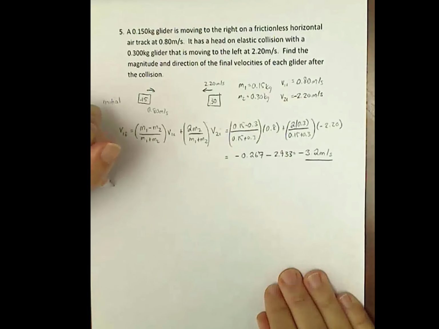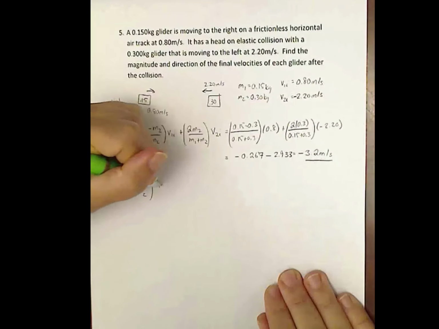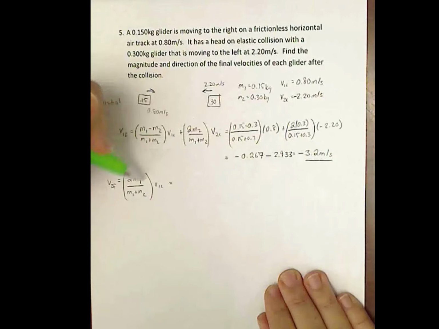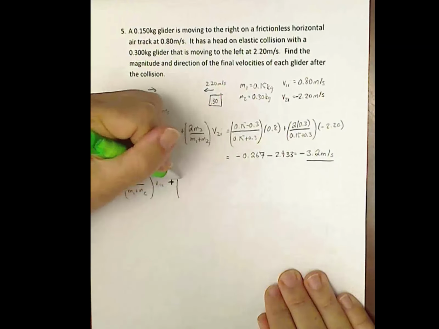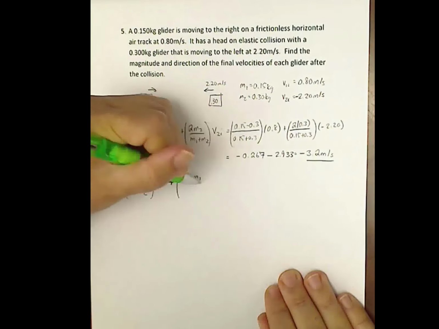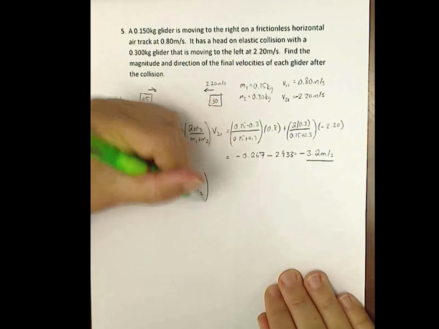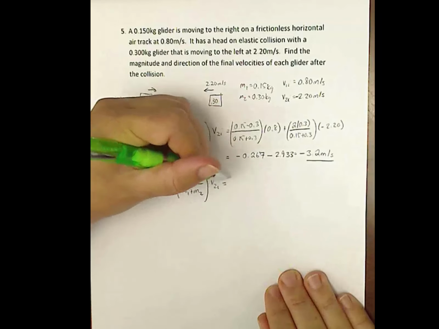How about the second glider? Our equation for the second glider, now I just reverse the things that I had on each side. So, plug in my numbers.